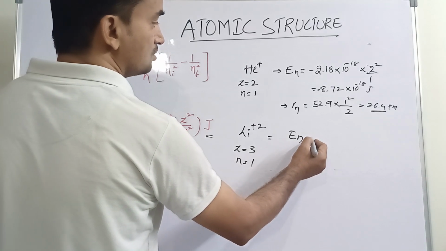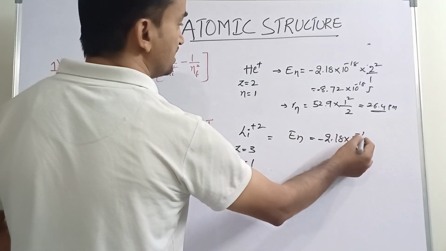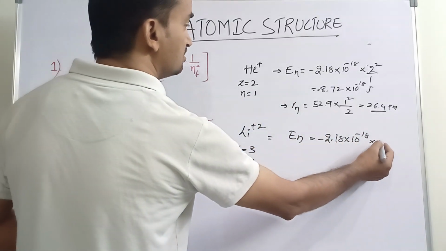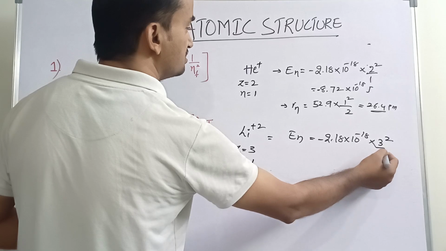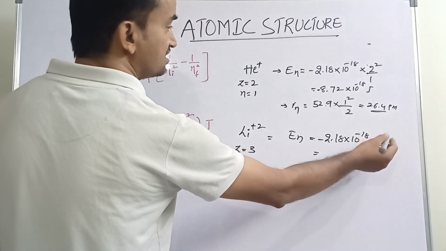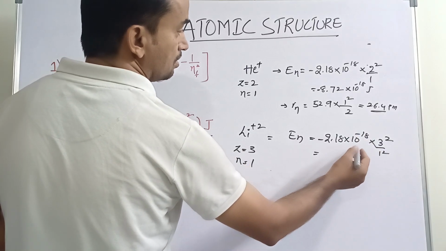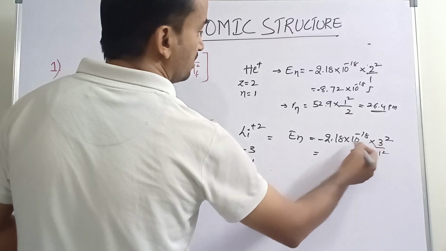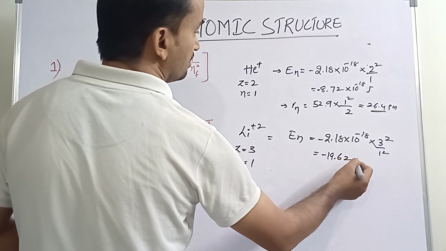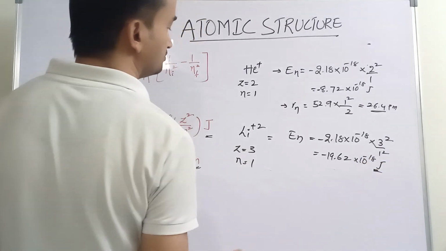Now En equals, again same, minus 2.18 into 10 to the power of minus 18 into Z square by N square. Z is 3 square, N square is 1 square. So here minus 2.18 into 10 to the power of minus 18 into 9. So here you may get minus 19.62 into 10 to the power of minus 18 joules.